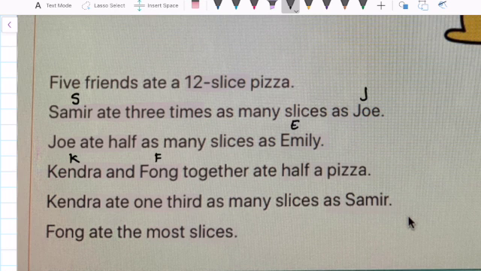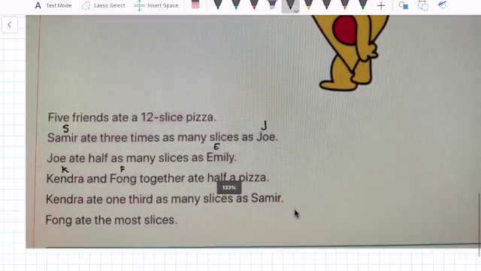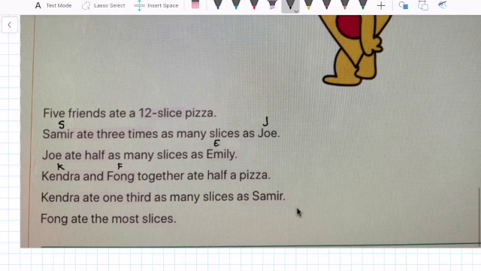Next, what I would do is write down the equation. So we have the 5 friends. In terms of the equation, by the way, let the variables represent the number of slices that they ate.